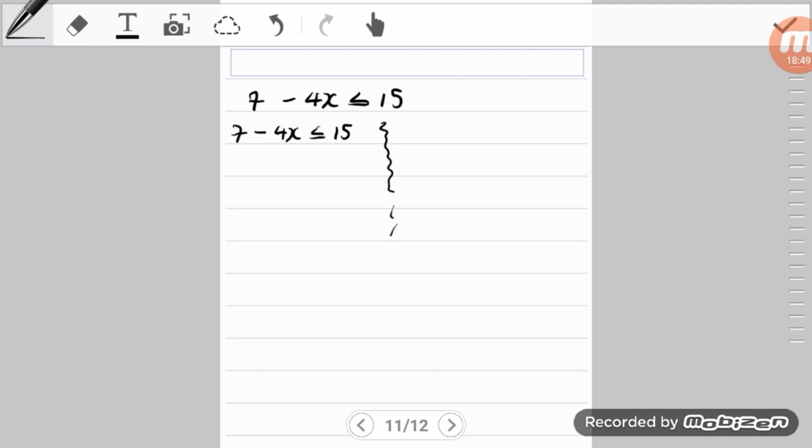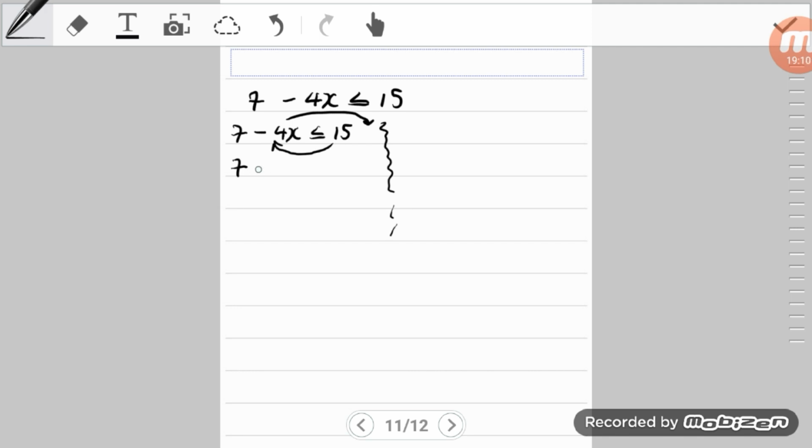Or what you'll find a lot of teachers tell you is to add 4x to both sides. Simultaneously I'm going to be transposing the 15.